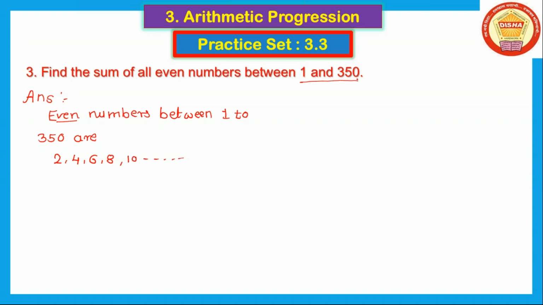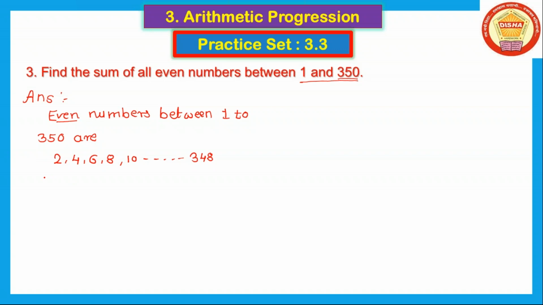And the last number we take is before 350, meaning we are not taking 350. The number previous to 350 is 348. The even numbers between 1 and 350 are given in that AP.